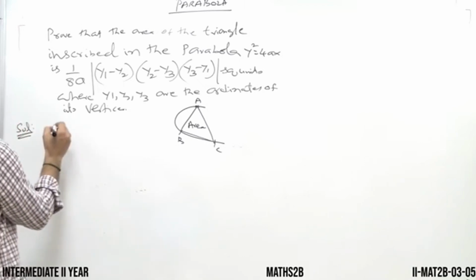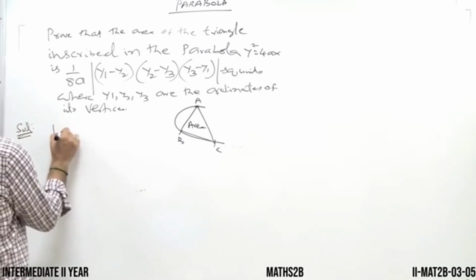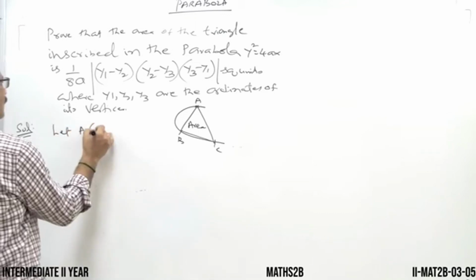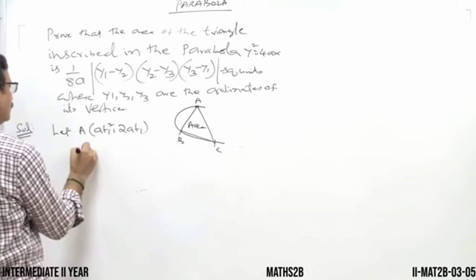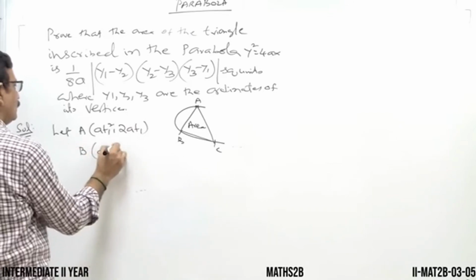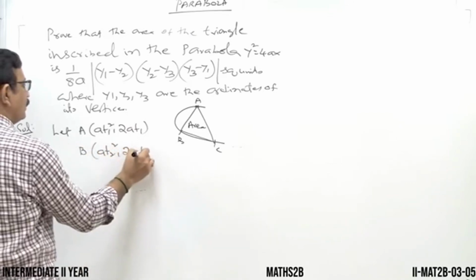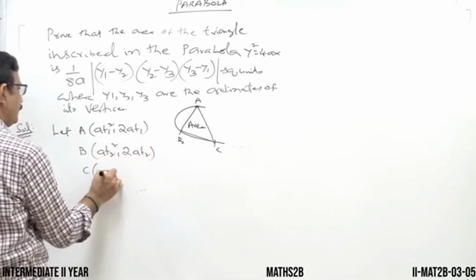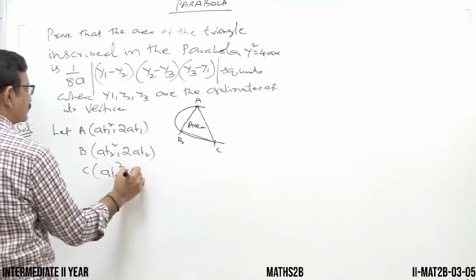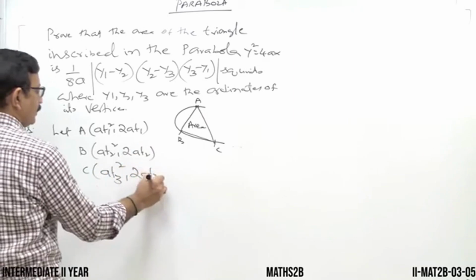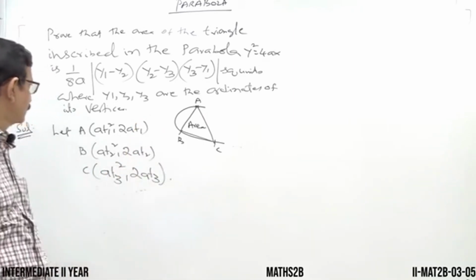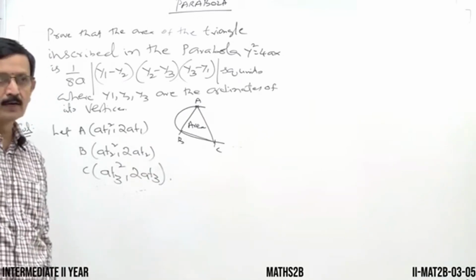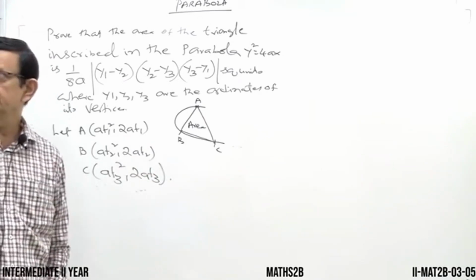Let us assume the coordinates of A as (at1 square, 2at1), B (at2 square, 2at2), C (at3 square, 2at3). Like this we have considered the 3 points for a triangle ABC.